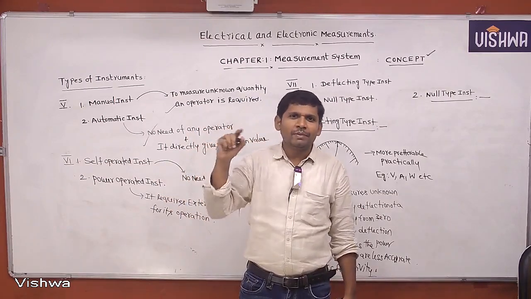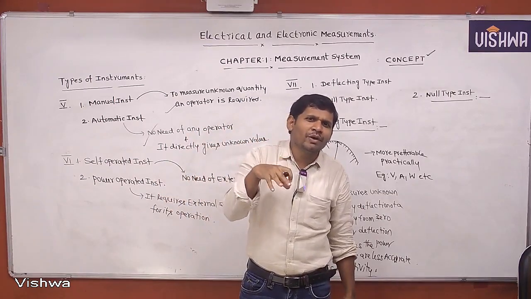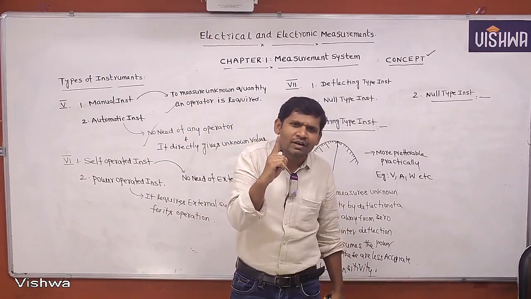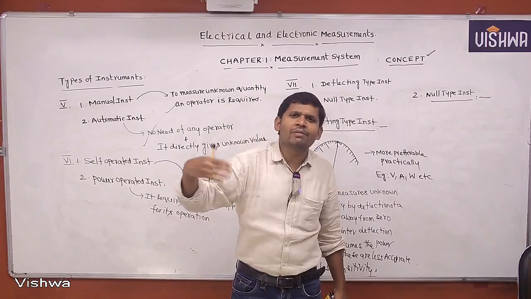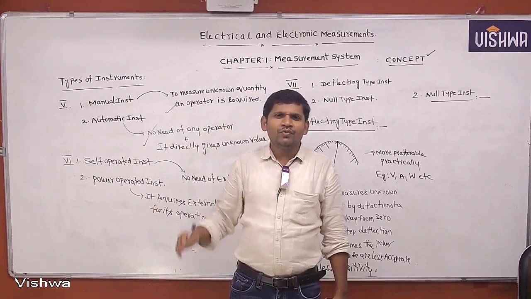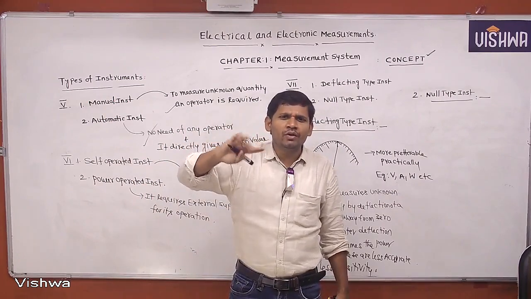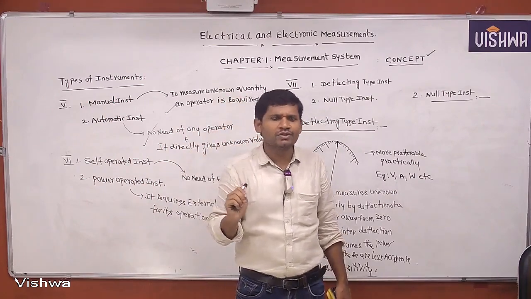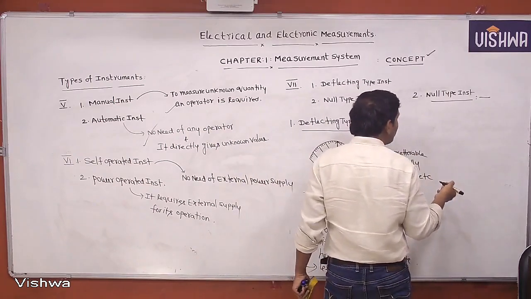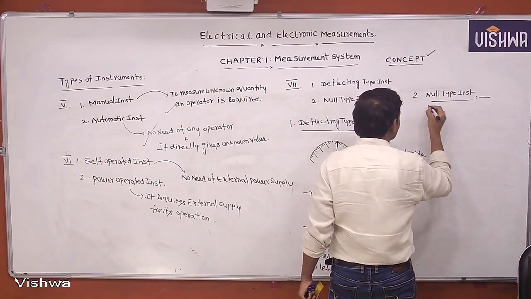That means if you want to measure the unknown quantity using this instrument, the pointer must show zero deflection. At that condition only we measure the unknown value. If the pointer is not showing the zero reading, we cannot measure the unknown value. Understood?